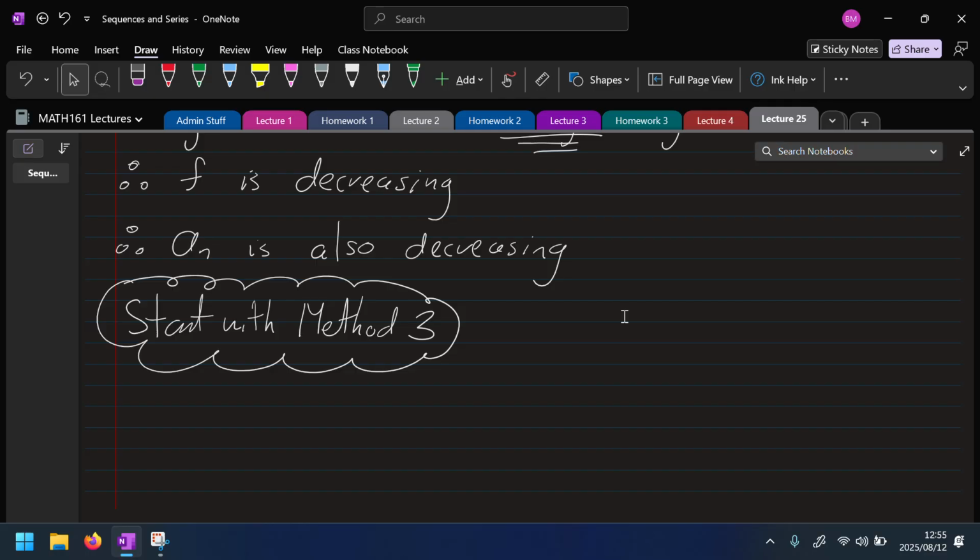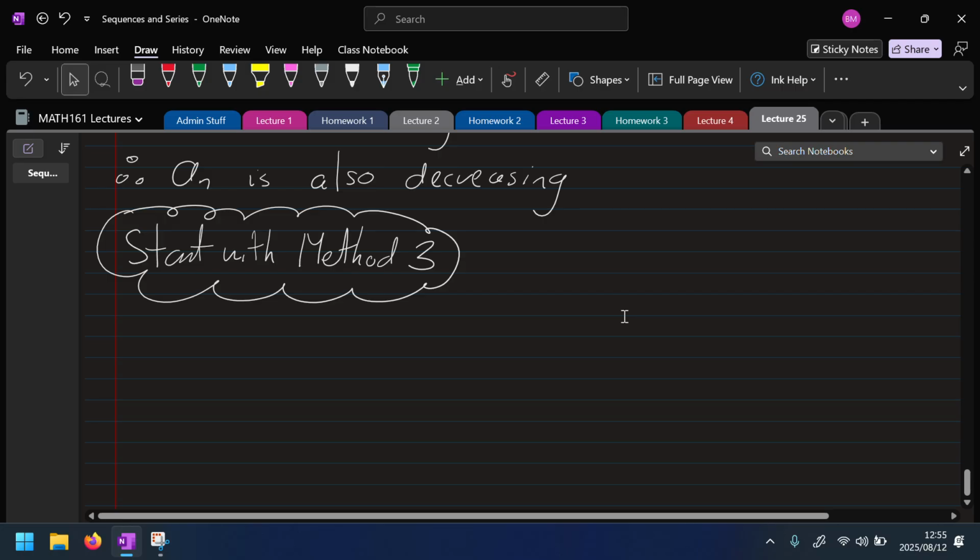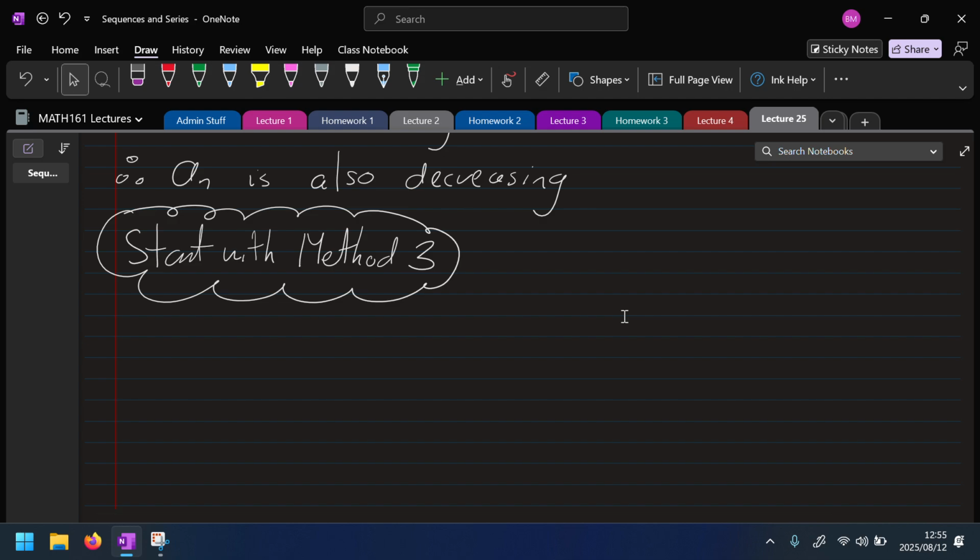You're all good. Okay. Last bit of setup for the theorem. And then on Thursday, we'll go through the full proof. Okay, so definition. Okay, so we've got the definitions for increasing, decreasing. Now we've got the definitions for the sequence being bounded.